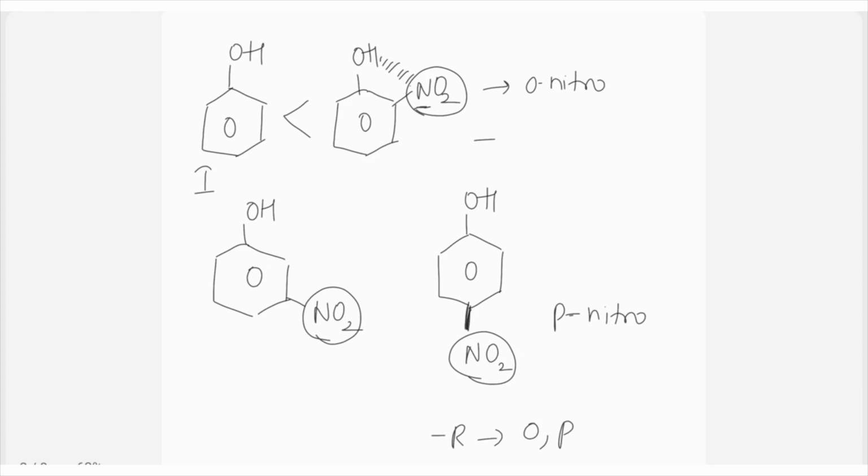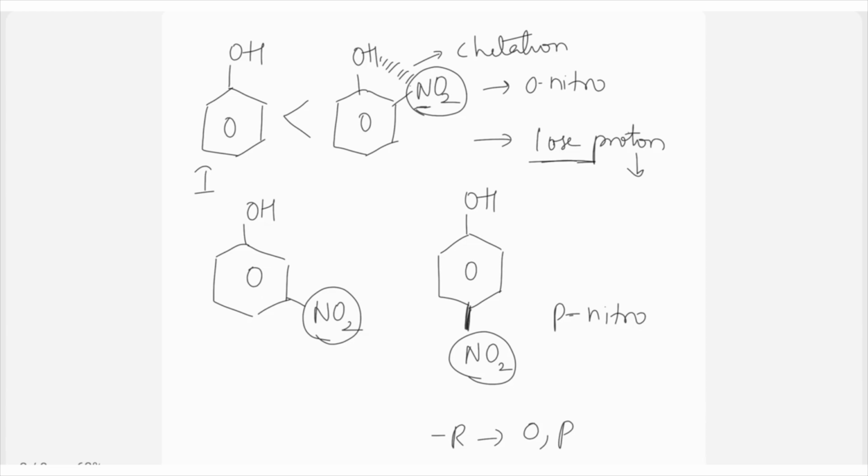The tendency to lose the proton is decreased because of this extra stability gained by intramolecular hydrogen bonding and this chelation or ring formation. Due to the ring formation, the tendency to lose proton is decreasing. Accordingly the acidic nature decreases.